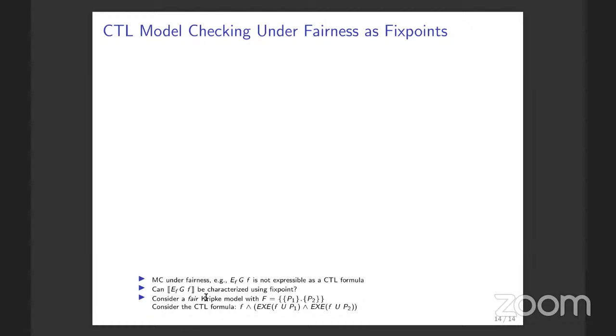As an illustration, consider a fair Kripke model with the fairness constraint F defined in terms of two predicates, P1 and P2. This means you have to restrict your model checking to all those infinite paths in which states satisfying P1 and P2 each occur infinitely often.